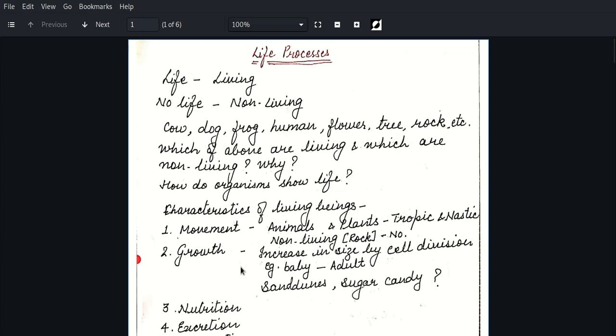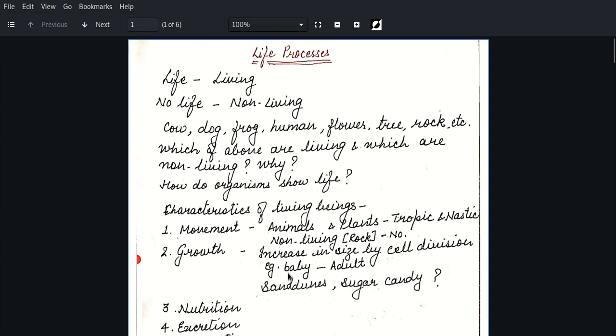The second characteristic by which living organisms can easily be distinguished from non-living is growth. Growth means increase in size by cell division.